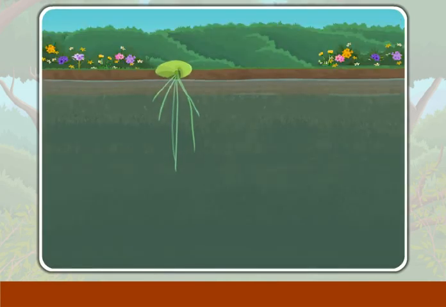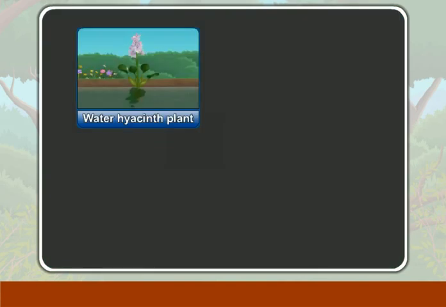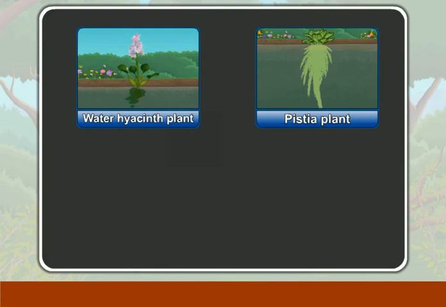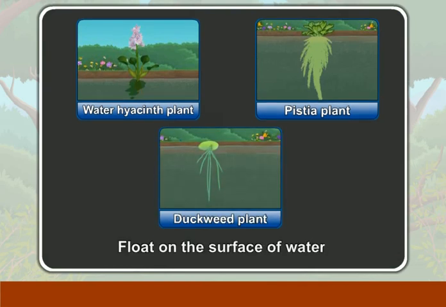Now, look at this plant. It is a duckweed plant. The duckweed plant also floats on the surface of the water. So, plants like a water hyacinth, a pistia, and a duckweed float on the surface of water.